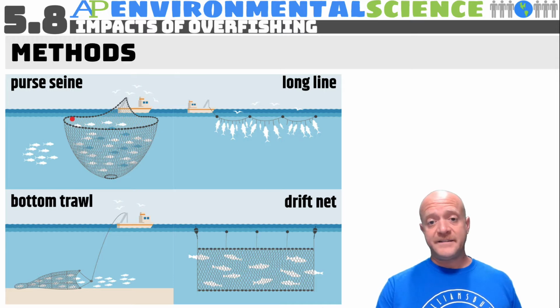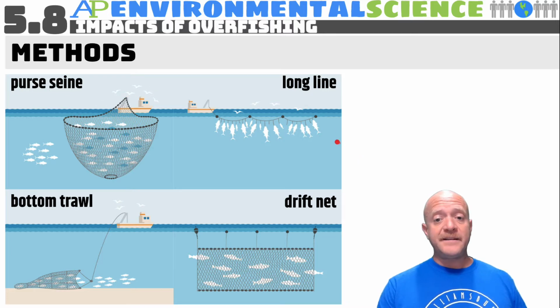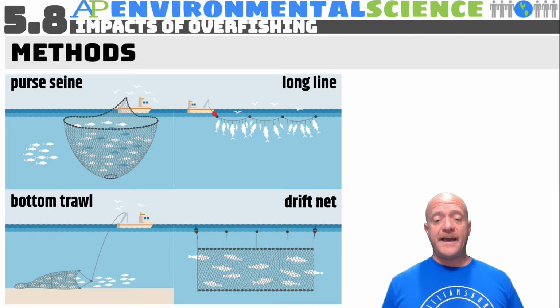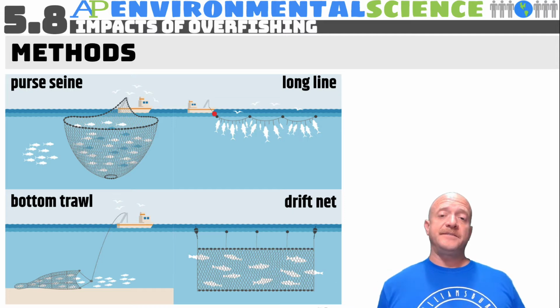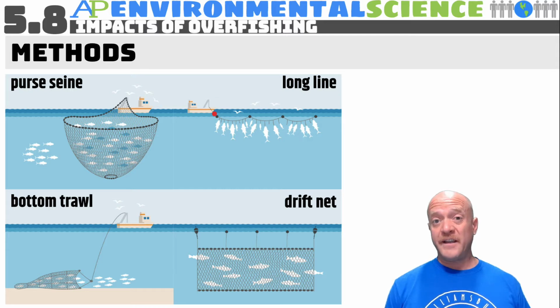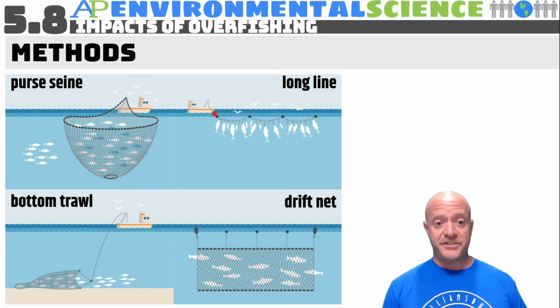Another method is using a long line, and a long line involves little floaters and having some sort of bait on hooks that fish are going to come and be attracted to. One of the benefits of this is that you can have different bait for your target species that you are trying to catch.